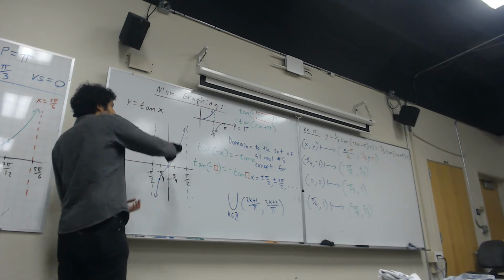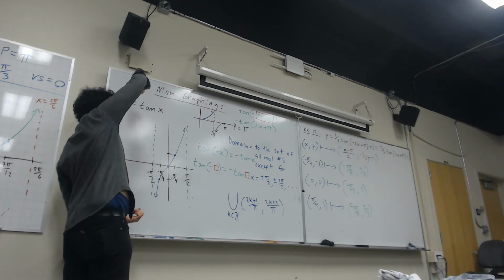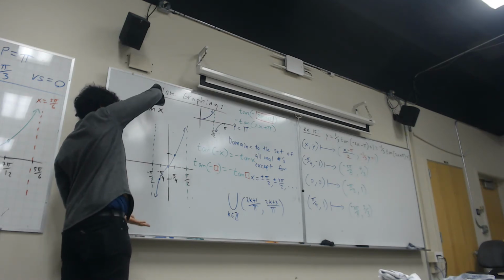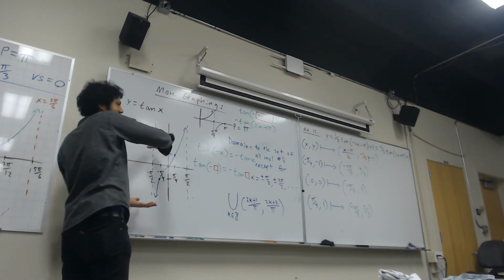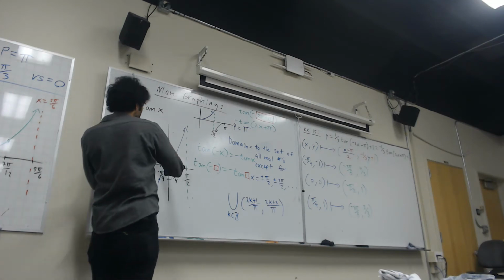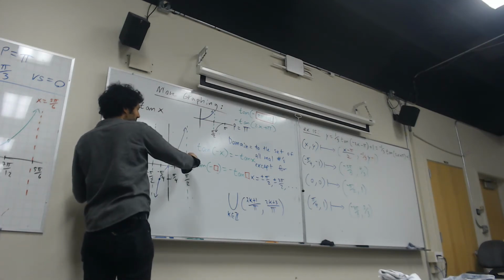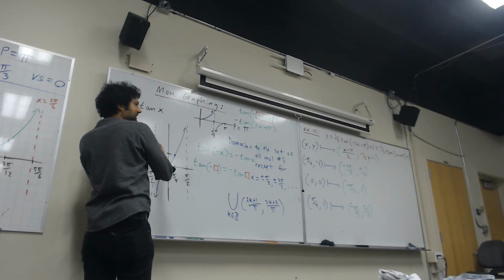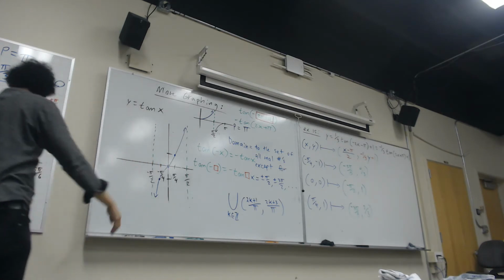If you stretch it vertically, you end up with the same line. If you compress it vertically, it's still the same line. So none of the vertical transformations affect it. Now what about horizontal? Stretch it horizontally, still the same line. Compress it horizontally, still the same line. So what's left is the horizontal shift.